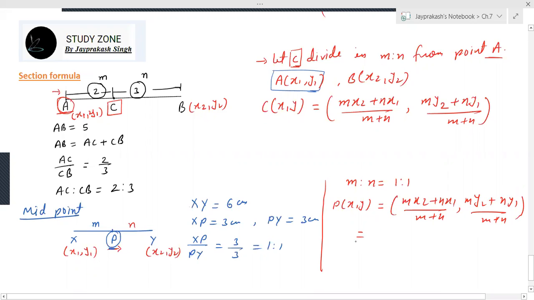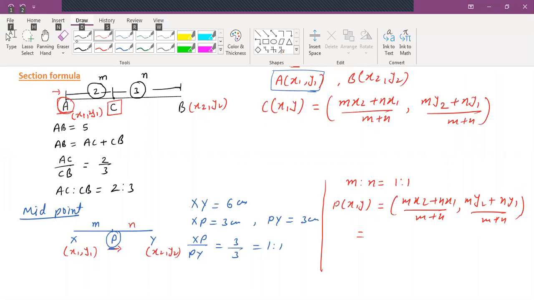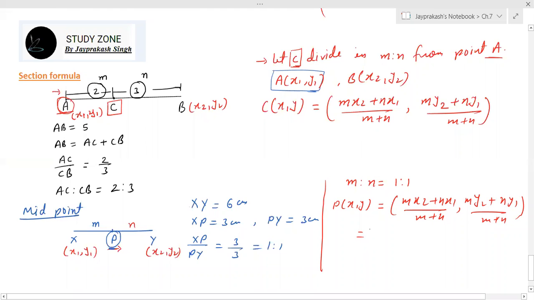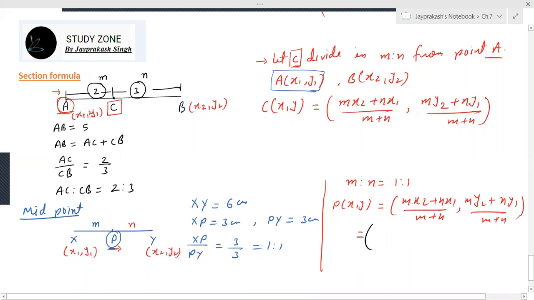Now we are writing the coordinate. We are leaving the coordinate and we want to just substitute the value of m and n. So the value of m is 1, so x2, the value of n is also 1, and below m plus n, 1 plus 1 is 2, this side y2 plus y1 upon 2.